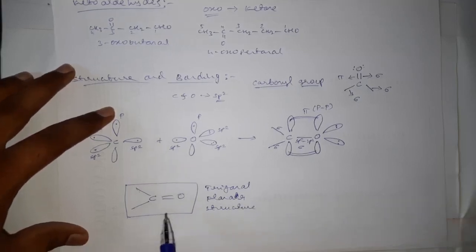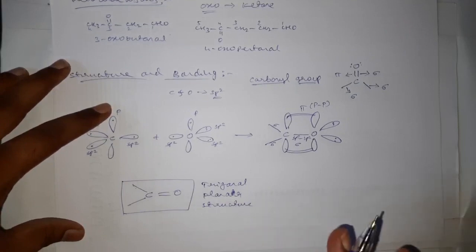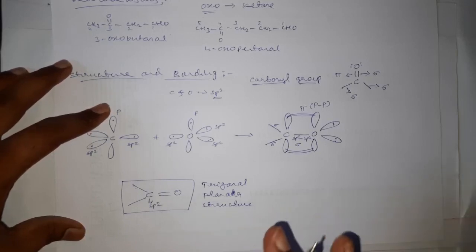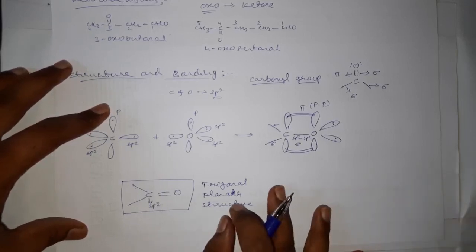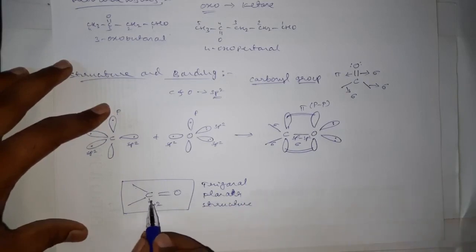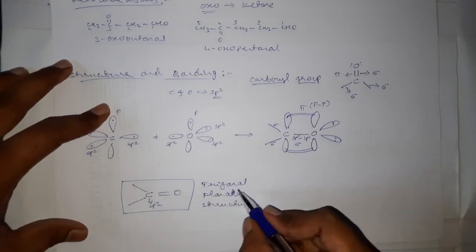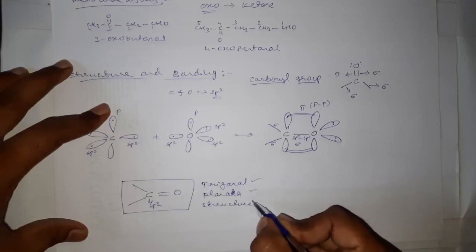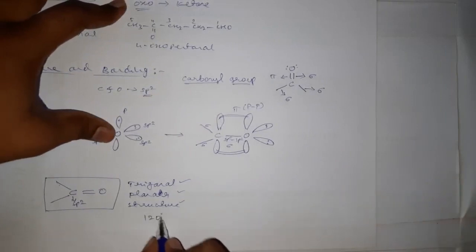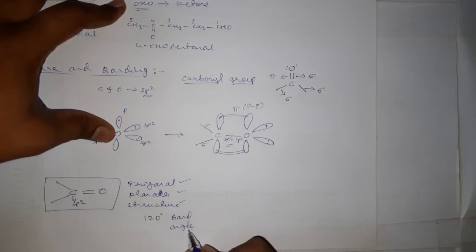This carbonyl group has a trigonal planar structure because the carbon is an sp2 hybridized atom, and it should be present in a single plane, and hence the three atoms which are attached to this sp2 hybridized carbon are also lying in the same plane, and therefore it has a trigonal planar structure. Okay, and also it has a bond angle of 120 degrees.